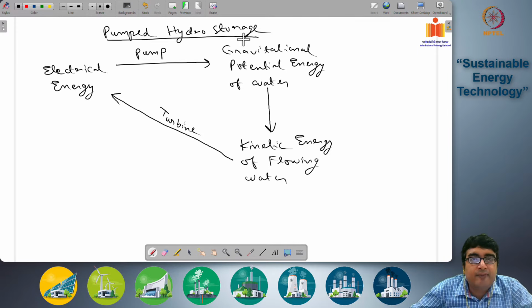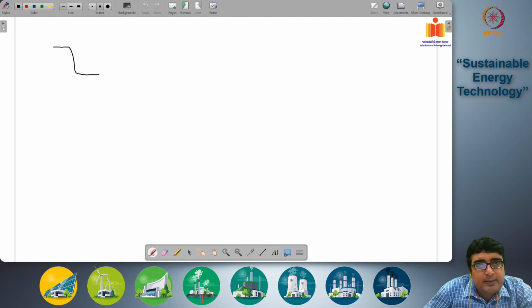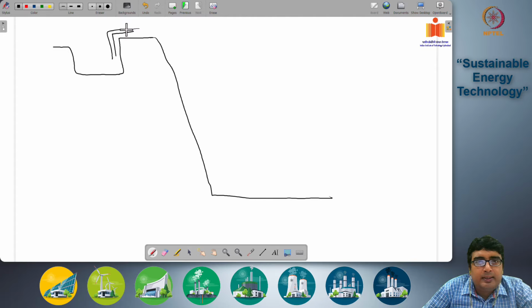So if you look at the figure associated with this, how a schematic may look like, you will have something like this. This is your reservoir. And this reservoir is up in incline, and this is the pipe.